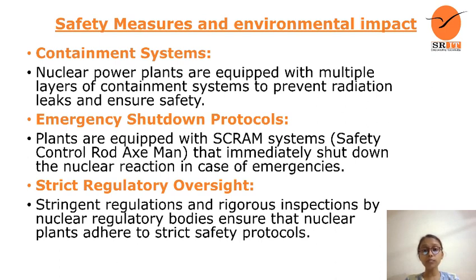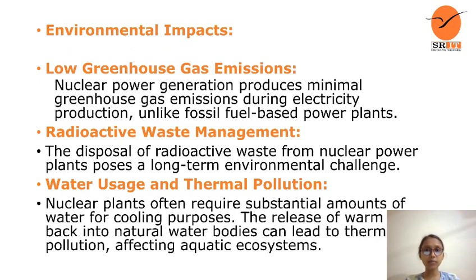Plants are equipped with SCRAM, or Safety Control Rod Axe Man, that immediately shuts down the nuclear reaction in case of emergencies or uncontrolled nuclear reaction. Strict regulatory oversight. The strictest regulations and rigorous inspections by nuclear regulatory bodies ensure that nuclear plants adhere to strict safety protocols. The next slide will be discussing the environmental impacts.